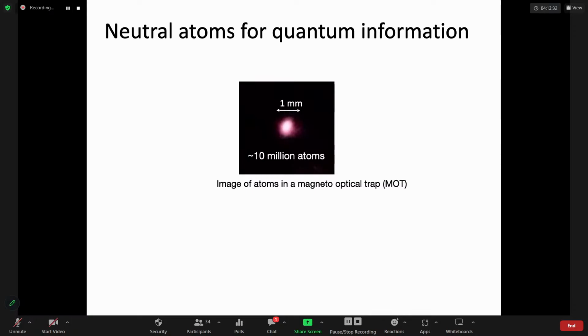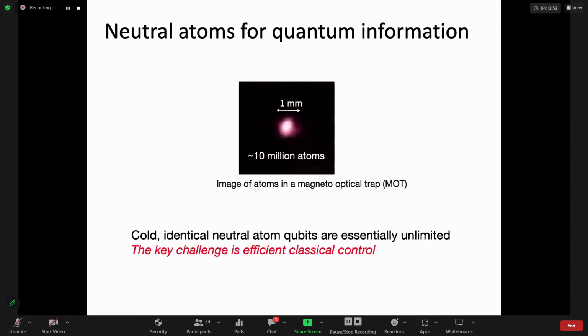So basically 10 million atoms, if controlled individually, would become 10 million qubits. What it really means is that we have an essentially unlimited source of cold neutral atom qubits. The key challenge, however, is to learn how to control them efficiently, at the level of a single atom.